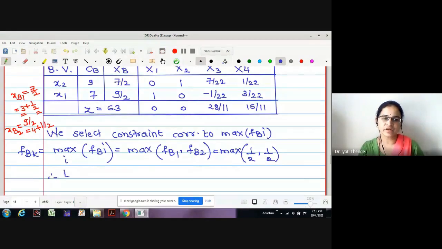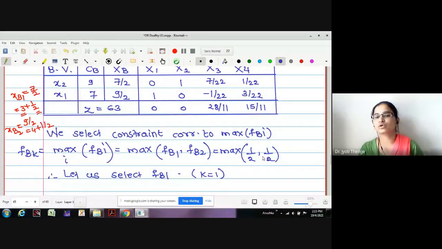Let us select FB1. The value of K we have obtained is 1. You can select FB2 also; any one equation one can select. Here I have selected FB1.